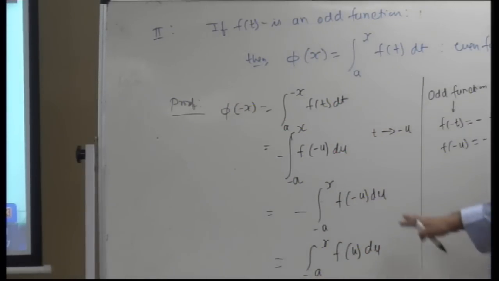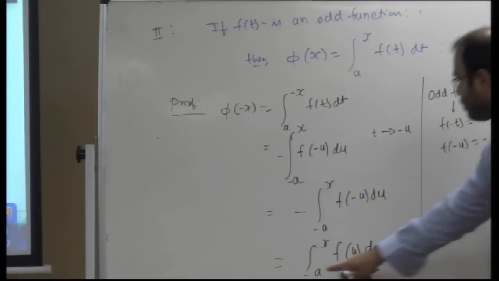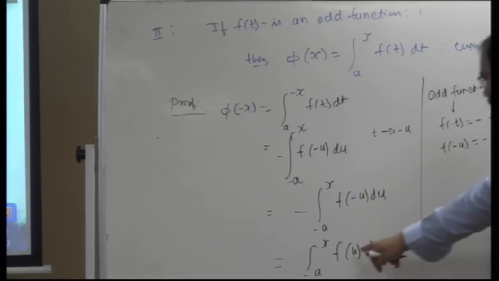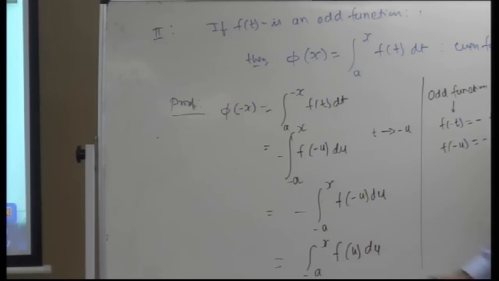Now still it is not phi(x), which is the integral from a to x of f(t) dt. This is a dummy variable, anytime we can change, but this minus a is creating a problem. Again, what we do, we split the integral from -a to x into the integral from -a to a of f(u) du plus the integral from a to x of f(u) du.